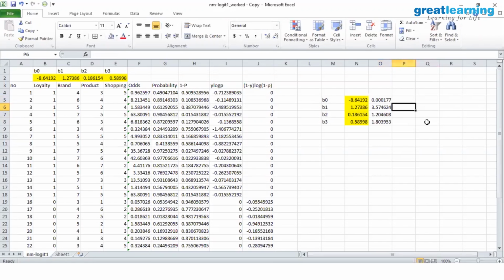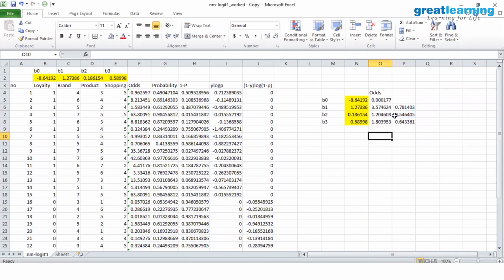So this is what you call odds. Now, what is the probability value for the same? Odds divided by 1 plus odds. I'll explain it to you in a while.